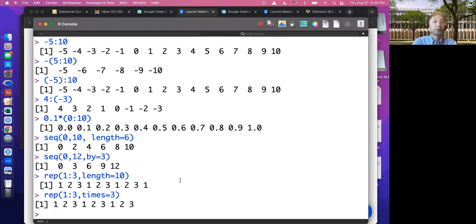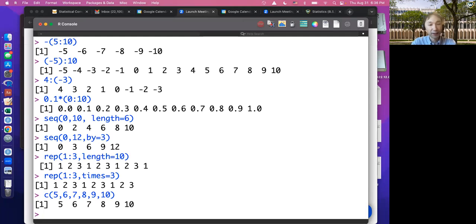Of course, you can type like this every time to make a sequence, but this isn't very convenient if we have many observations. So we can use the seq function and the rep function to generate it. Do you have any questions so far? Okay, so now we do some more functions on vectors.